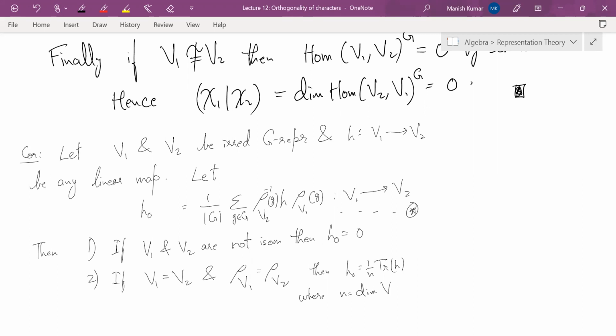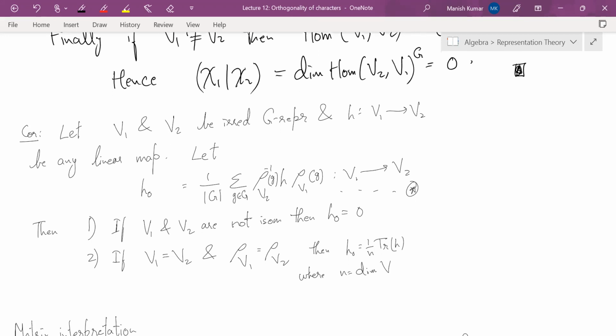And if V1 and V2 are indeed isomorphic, so V1 and V2 are the same representation, then H0 happens to be 1 over n times the trace of H times the identity map, if you like. It's just multiplication by trace of H over n. That is what H0 is.